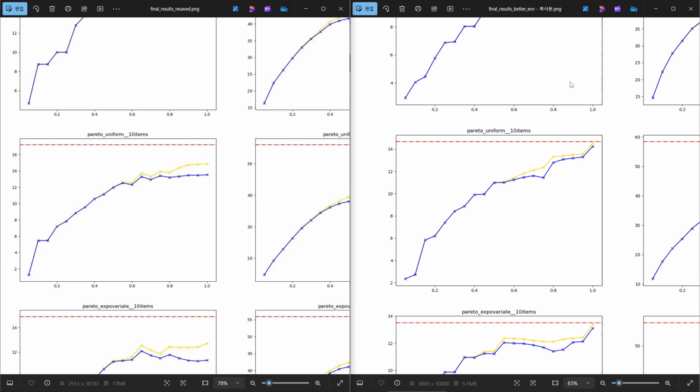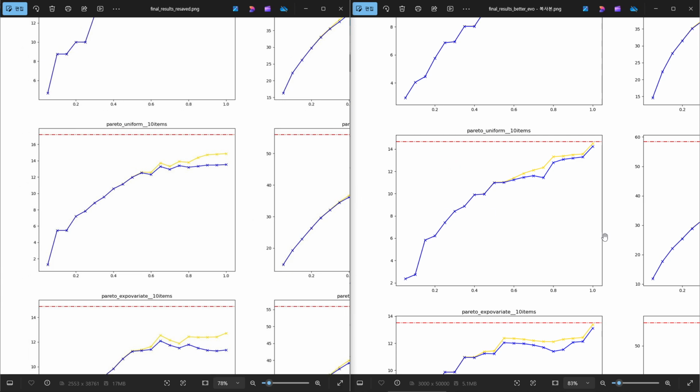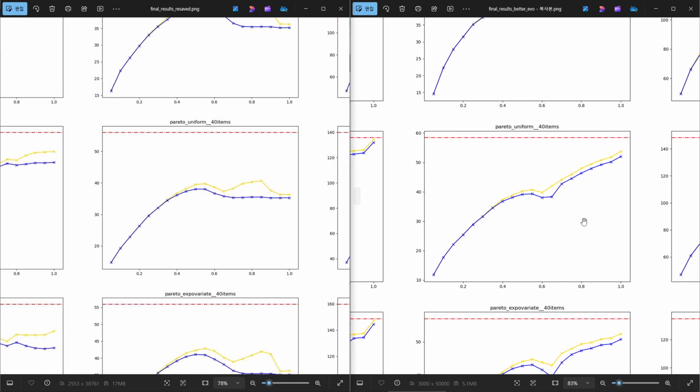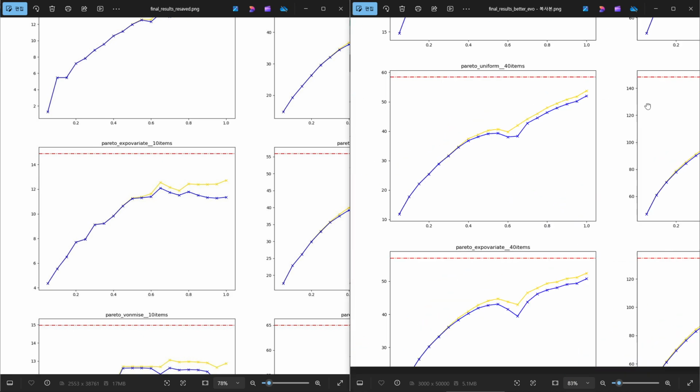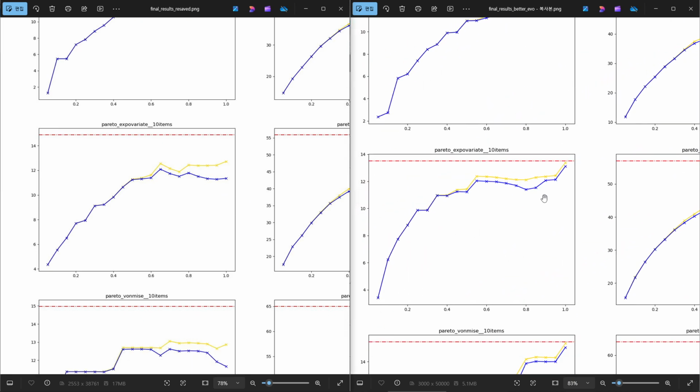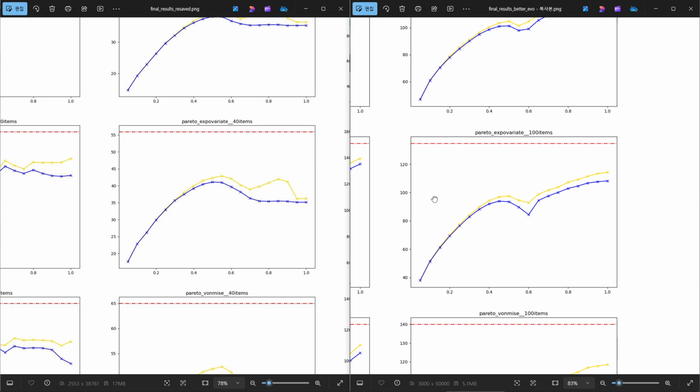Kind of similar with Pareto as well. Not that much, but yeah, kind of similar.